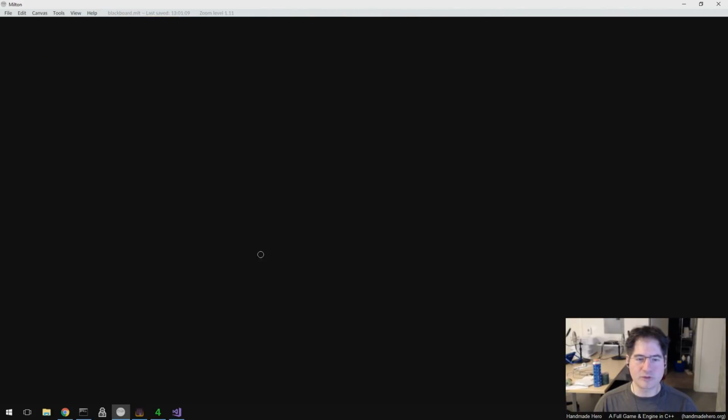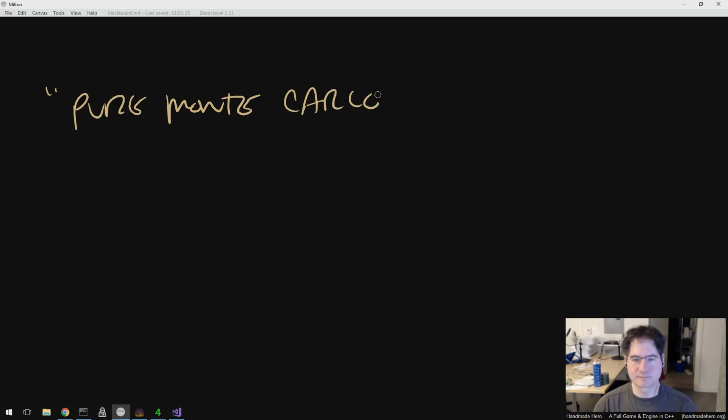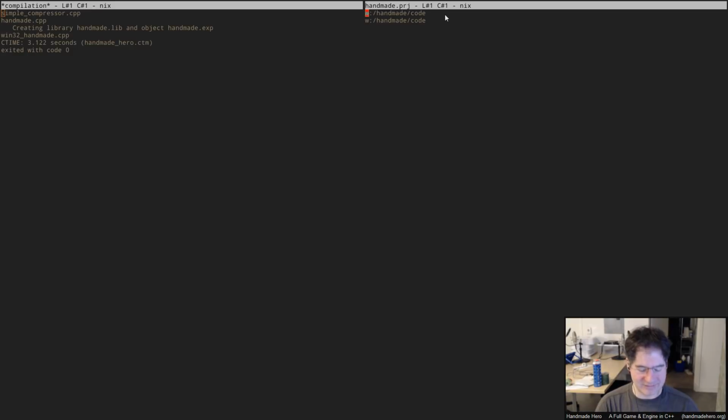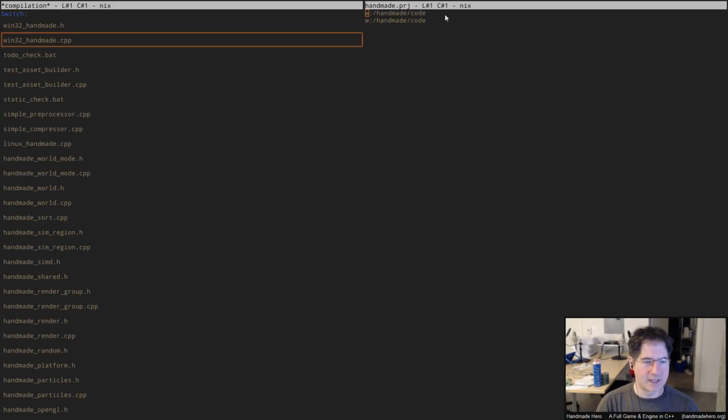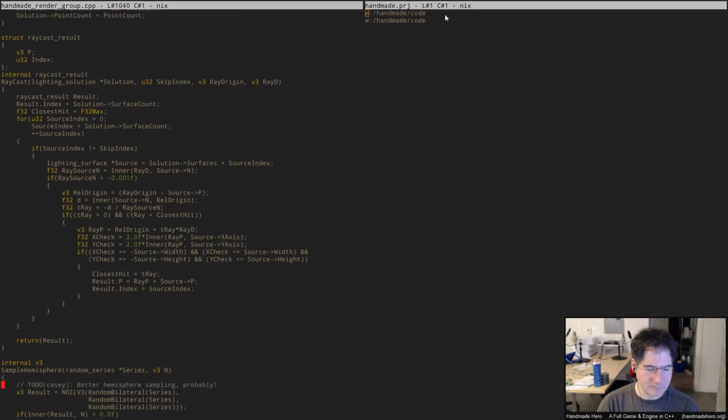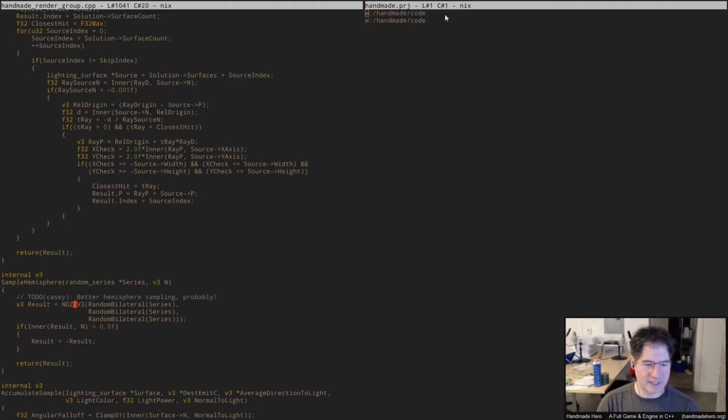So what we're doing right now is basically pure Monte Carlo, more or less. What's happening right now is just pure randomness. Now, it's not quite purely random because our sample hemisphere function is not quite random. If you look at the render group, you can see the way we do this is we normalize a random cube, essentially, which means that our hemispherical coverage is not quite random, but it's close.